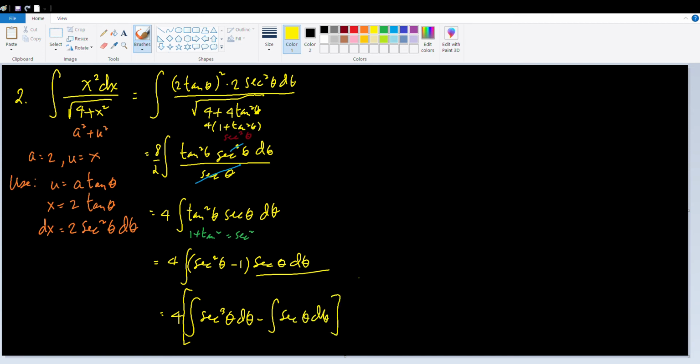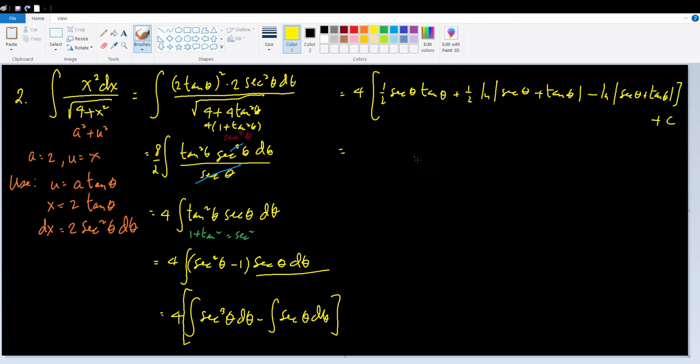Alright? And we know the integral of secant cubed, which is 1/2 secant theta tangent theta plus 1/2 ln of the absolute value of secant theta plus tangent theta, minus the integral of secant theta d theta, which is ln absolute value of secant theta plus tangent theta plus c.